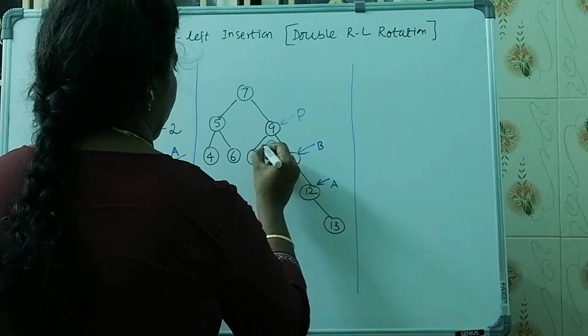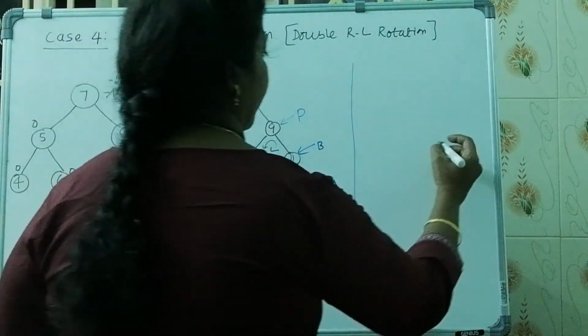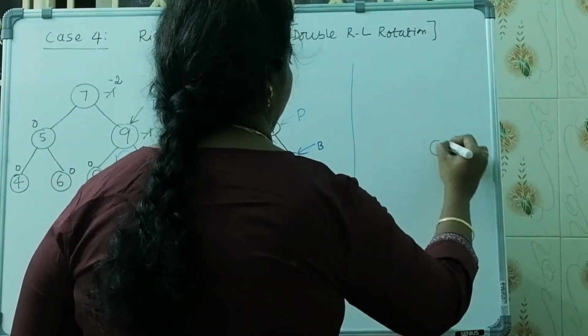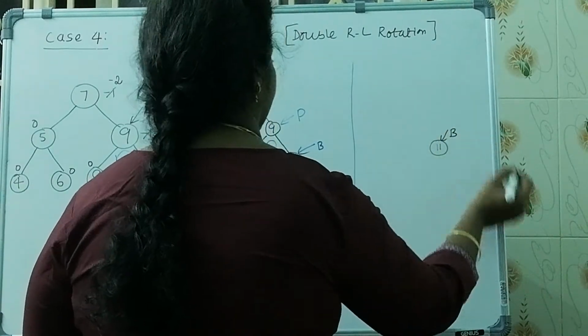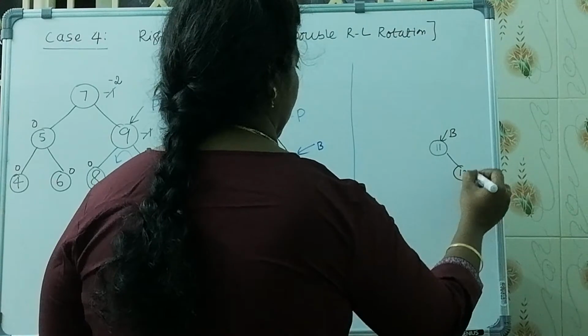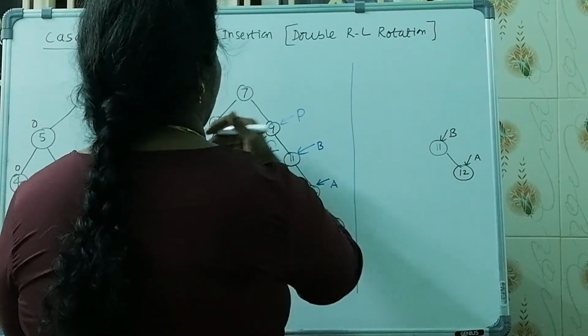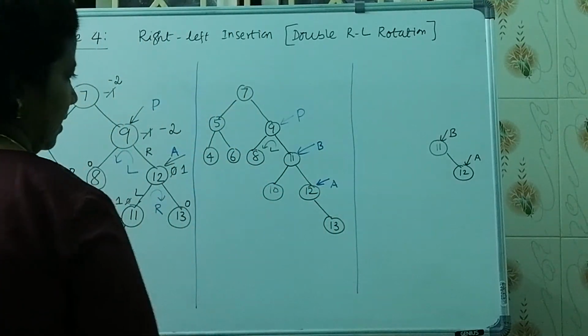Okay, now let us rotate to the left so that B will come as the root node. Now immediately you write this as B, and then A will come here. This is A. Okay, so we are rotating this left.